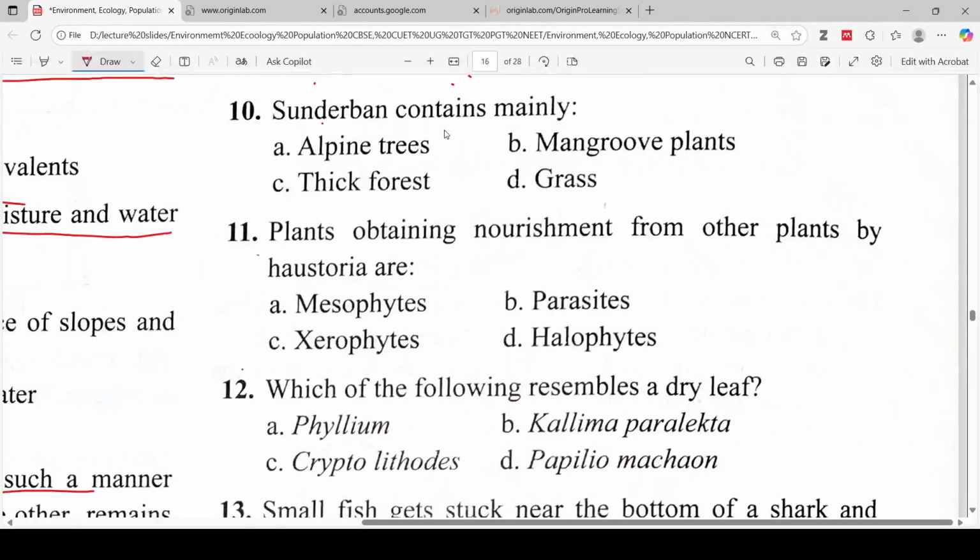The Sundarban contains mainly alpines, mangrove plants, thick forest and grass. The plants obtaining nourishment from other plants by haustoria are mesophytes, xerophytes, parasites, halophytes. So the correct answer will be option B, parasites.